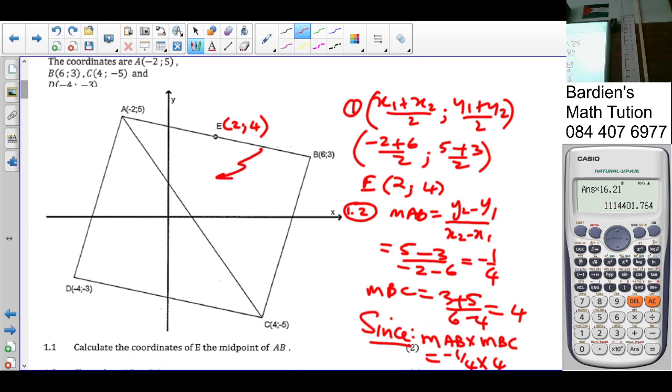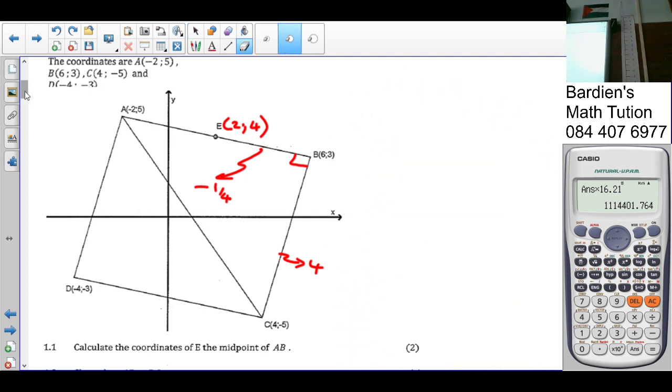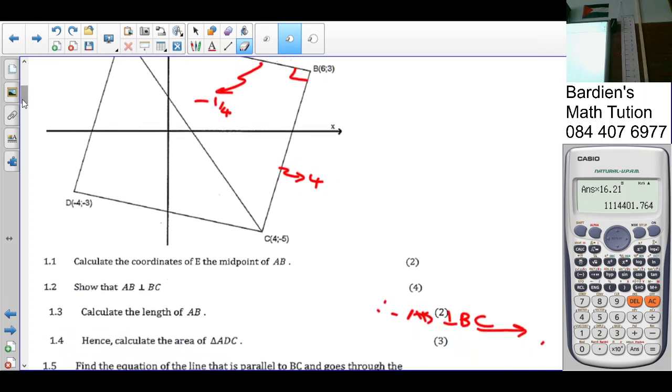So that gradient was negative a quarter, and that is 4. Okay, and this angle here is 90. Okay, you all okay with that? So I'm going to take this information off here, these calculations, so that I can use that space to do my next calculation.